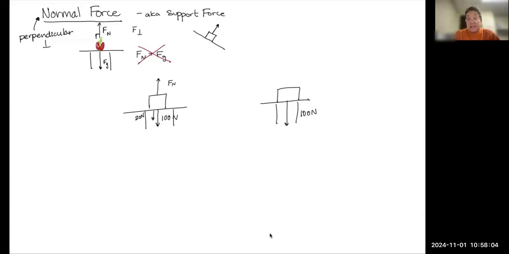So it would end up needing to be 120 newtons. We could write this in an equation. We know that the net force equals mass times acceleration. So if we want the box to just sit on the table, then the net force needs to add up to 0. So what would that mean? It would mean the normal force minus 100 minus 20 is 0. The normal force is 120 newtons. So either intuitively understanding the job of the normal force as canceling out everything else, or going mathematically straight to the equation are both really good ways to handle this.